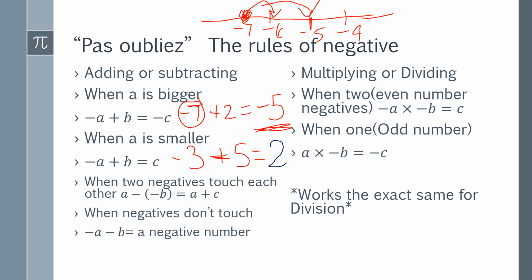When two negative numbers touch each other, what I mean by two negatives is the two subtraction signs. One thing I do want to make clear so you guys can understand this a little bit better: negative is the same thing as subtraction. Alright? Minus, they're all the same thing, so don't get thrown off by that.